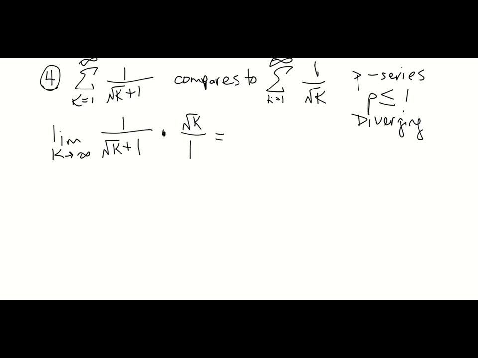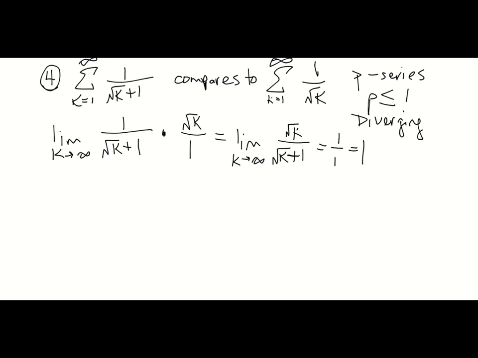And that is going to equal the limit as k approaches infinity of the square root of k divided by the square root of k plus 1. The degree of the numerator and the denominator are the same, so that means there's a horizontal asymptote at the ratio of the leading coefficients. So that's going to be 1 over 1, which equals 1.